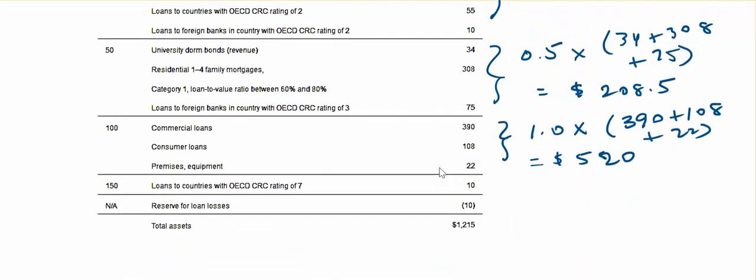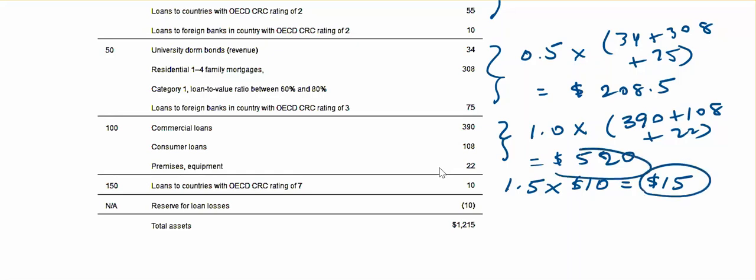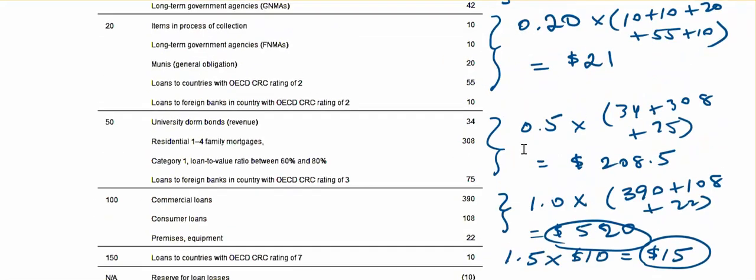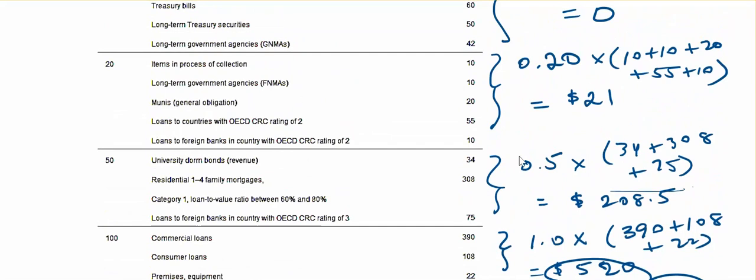We have loans to countries with a particular rating that has a weight of 1.5. So this would be ones that would be considered having significant credit risk. So the risk weighting is actually greater than the value of the assets. We're going to add up all of these assets times their weights.